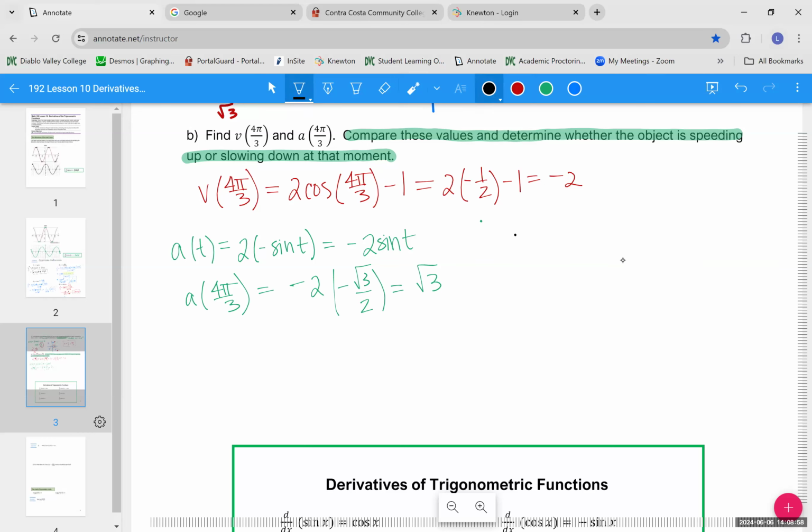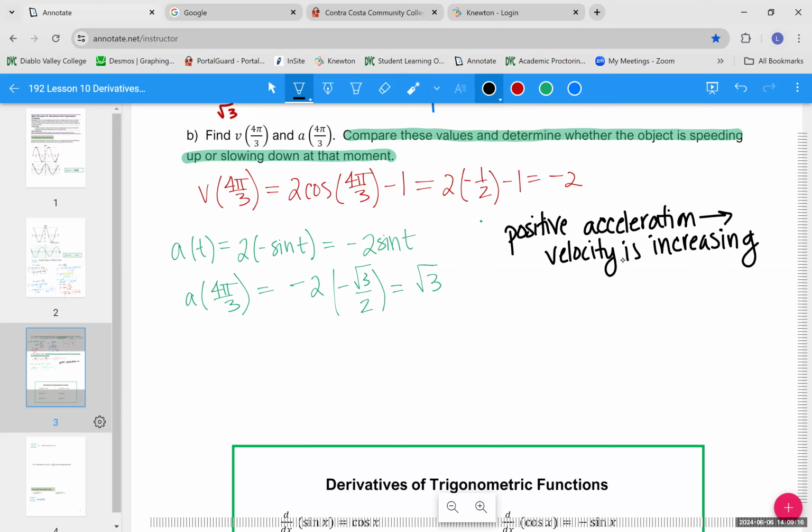So here, let's take this specific example to try to illustrate this idea. So we have a positive acceleration. And what that means is that velocity is increasing, right? It's the derivative, it's positive. So that means the function that it's the derivative of must be increasing, getting bigger. But velocity is negative.